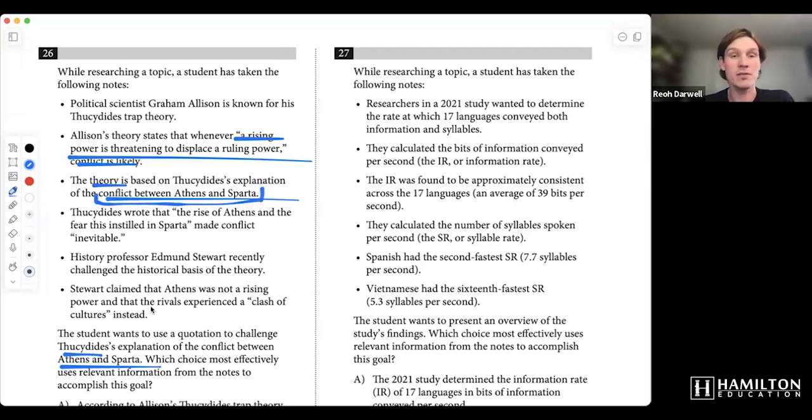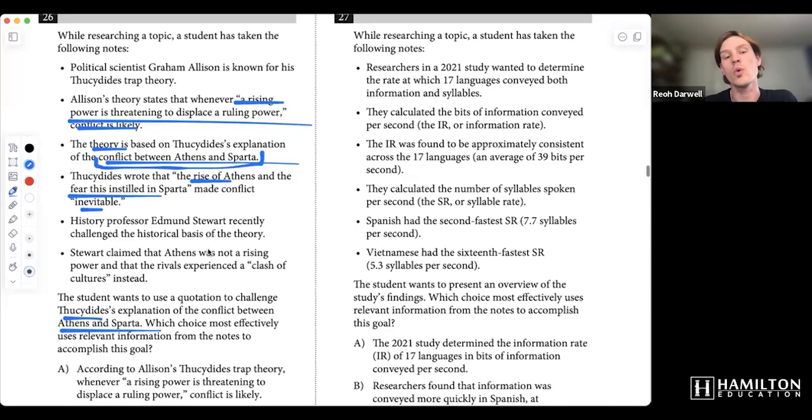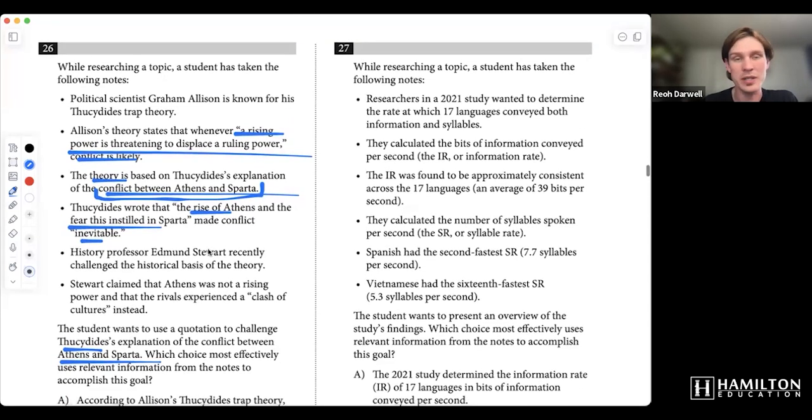So logically, we can infer that Thucydides' explanation for Athens and Sparta's fight is that one was rising in power and threatening to displace a ruling power, causing conflict, right? Here we see the rise of Athens instilled fear in Sparta, causing an inevitable battle. Okay, so we want to say that it wasn't this, it was something else.